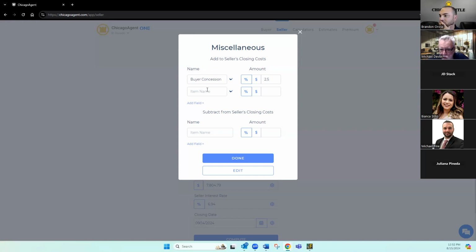Now, one of the things you could do if you've got a lead up to your listing appointment and you know the address of the property, you could communicate with Chicago Title or whoever your local rep is, because the escrow officers know what these fees typically are in every county, because they look at them all day long.